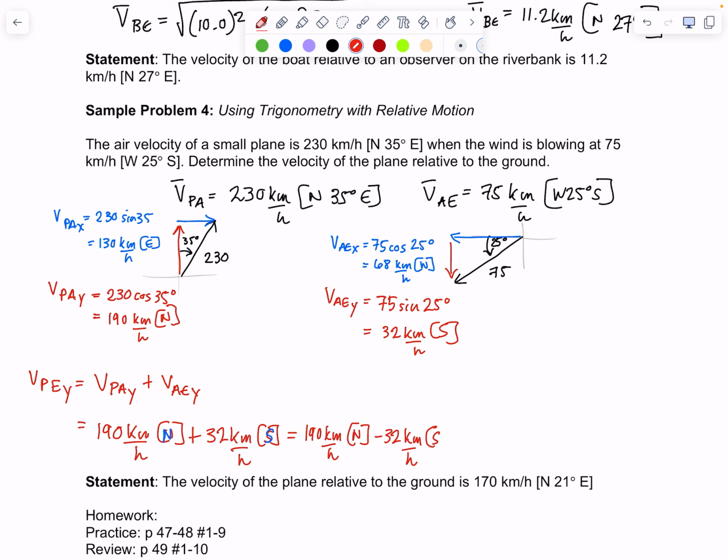Change the sign, change the direction. We end up with 158 kilometers per hour north.